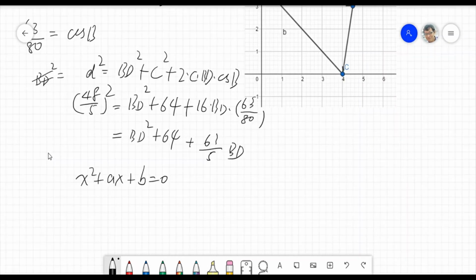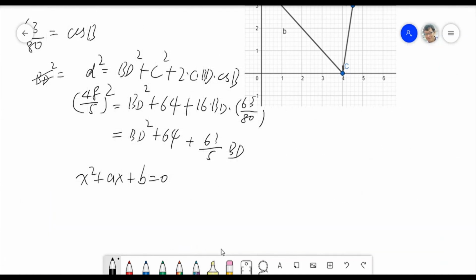So x will be negative a plus minus the square root of a square minus 4ac for b, right?